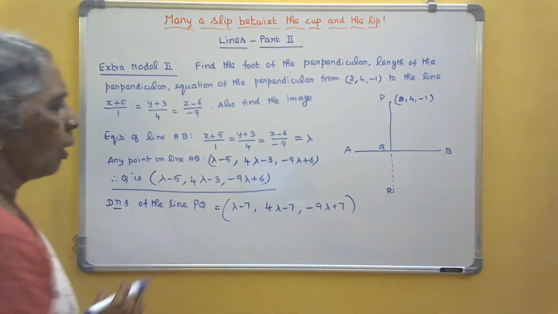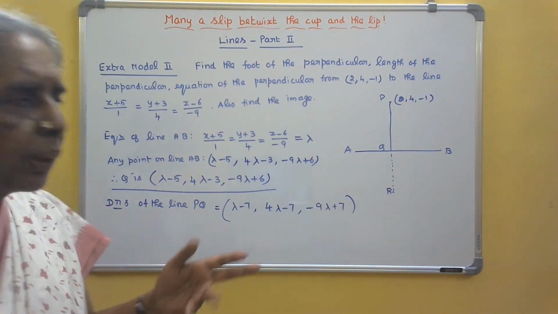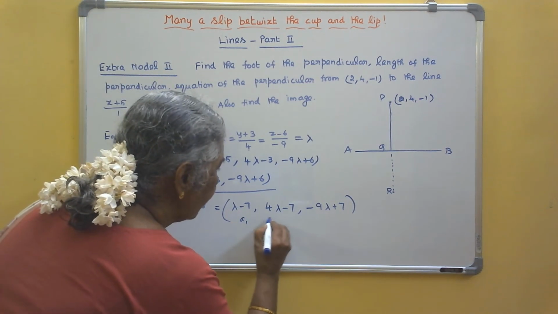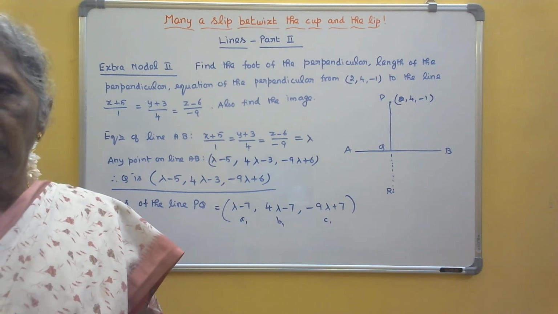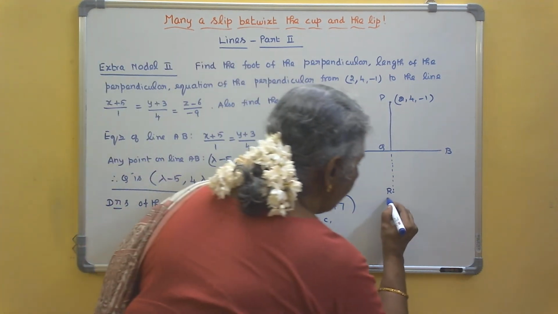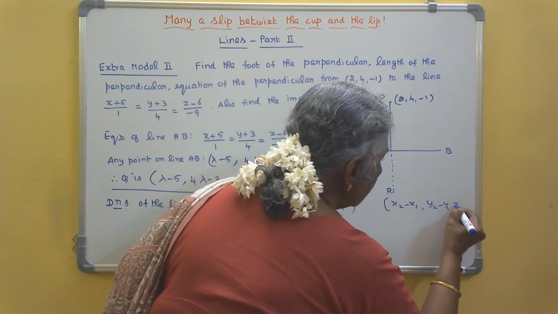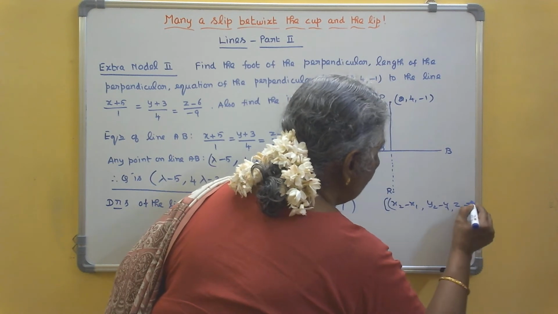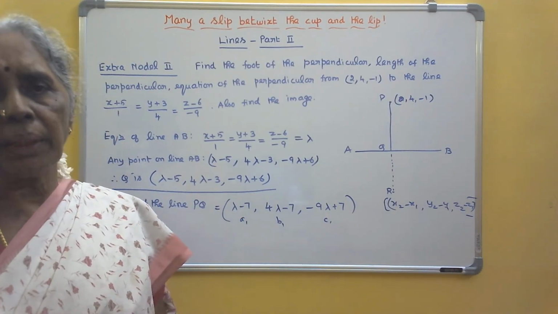So these are the direction ratios of the line PQ. I can write it as A1, B1, C1 just to remember. Is this clear? Here you can write the formula as x2 minus x1, y2 minus y1, z2 minus z1. That is how we found the direction ratios.